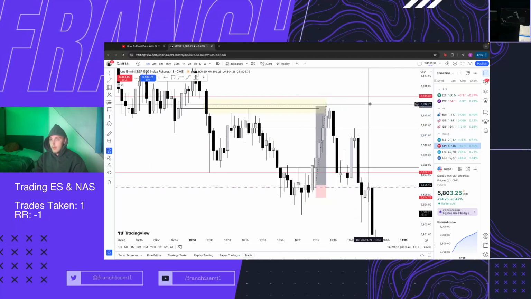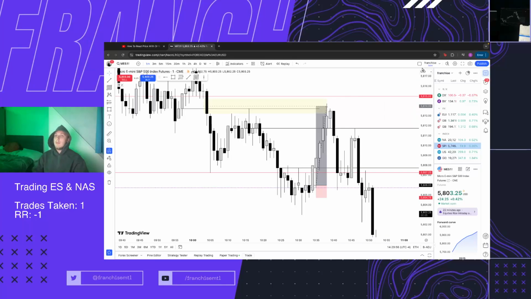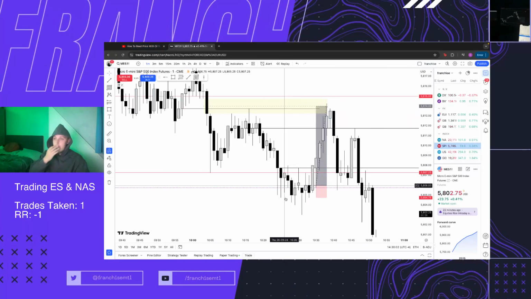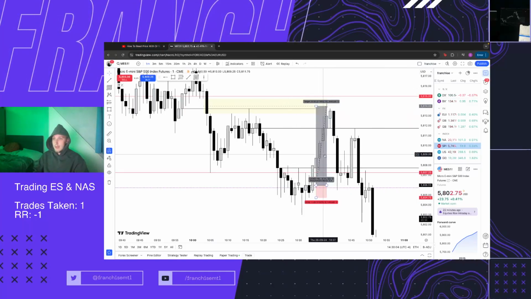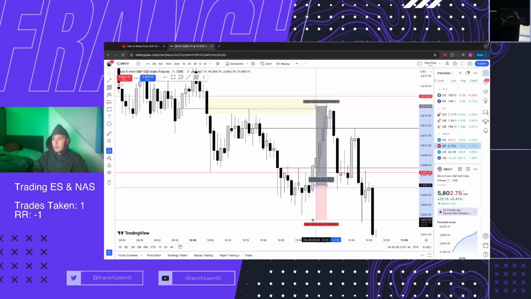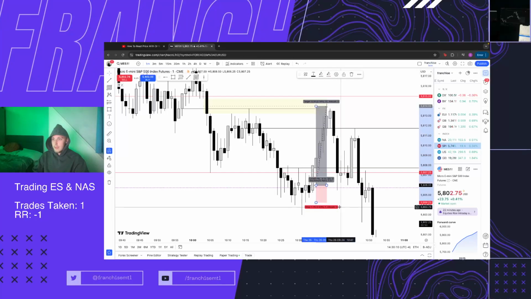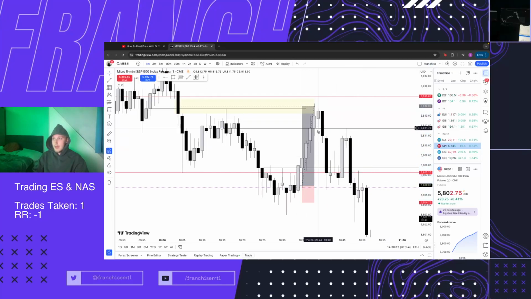So yeah, that's what we could have done today. That is a very important lesson. I'm glad we looked at that, because our setup was presented. We could have snagged 6.4R or 2.67R. If we put it at consequent encroachment here, 5R. Could have snagged a trade today.